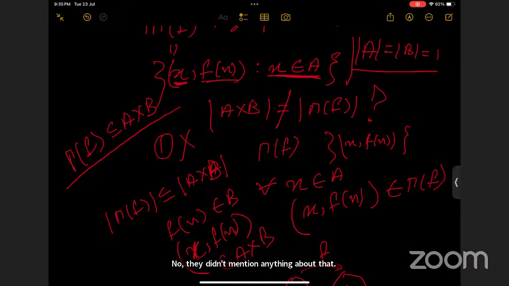If it is not onto, then option C should not be correct. Option D and option B are correct. Yes, option C should not be correct if f is not an onto function. If f is an onto function, then option C will be correct. Otherwise, not.